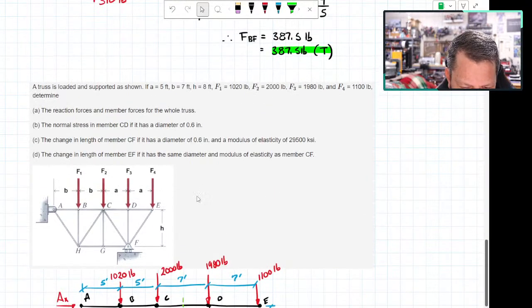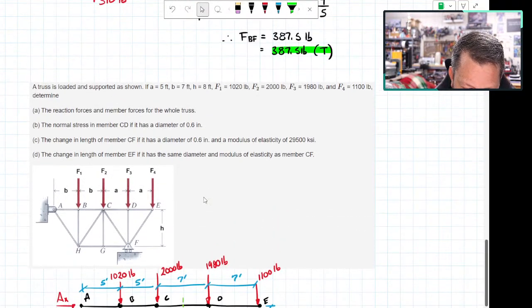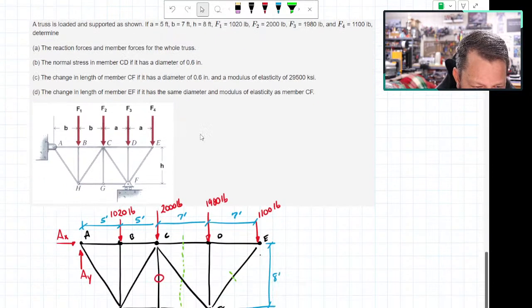Okay. Maybe I copied 5 feet, 5 feet, 7 feet, 7 feet. I don't see an error in copying. That's interesting. Did I put it in the wrong spot? Reaction at F? No.